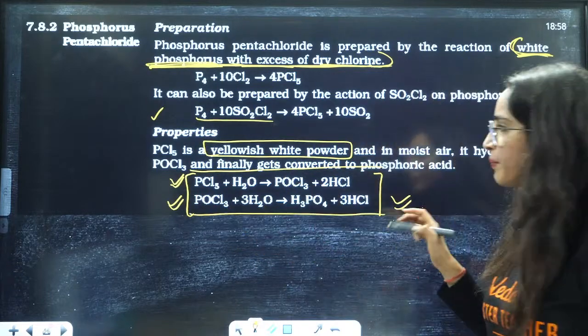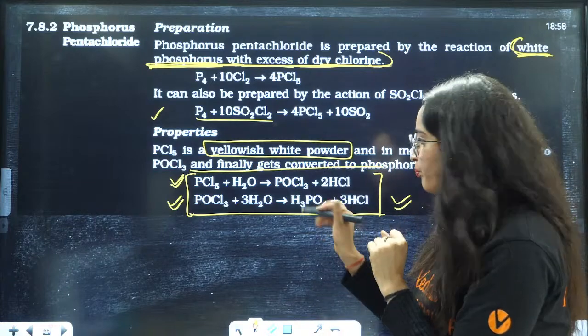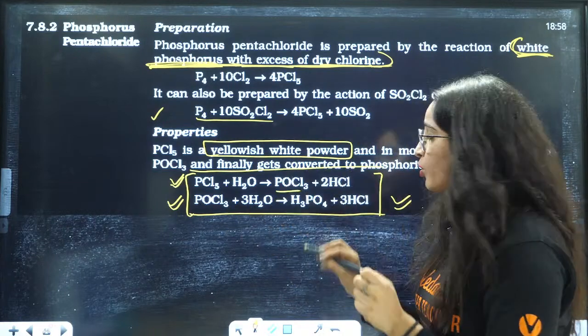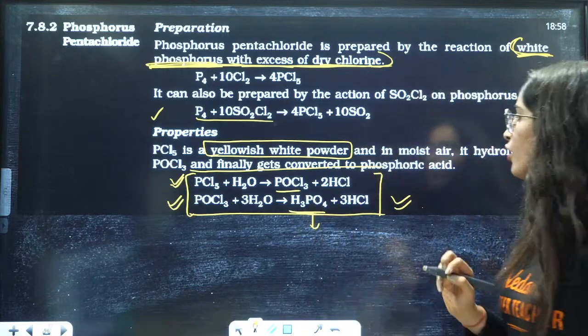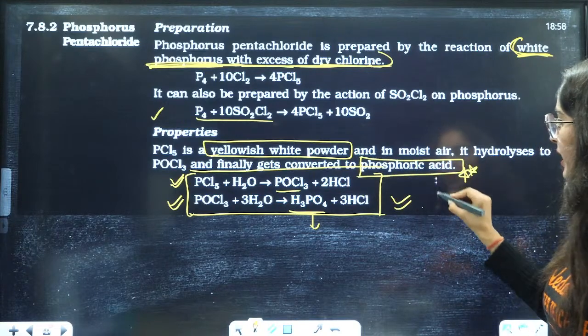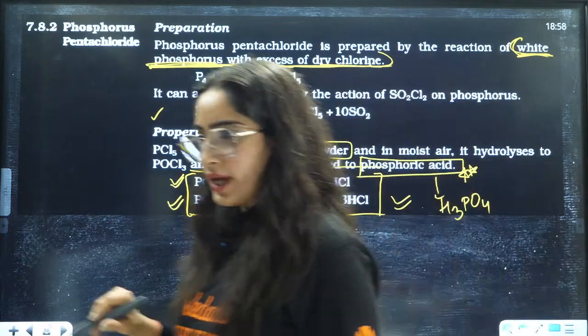So PCl5, if you give it water, it will get converted to POCl3, right? POCl3, adding more water, will get converted to a very important acid, H3PO4, that is phosphoric acid. Important acid, H3PO4, right? Okay.